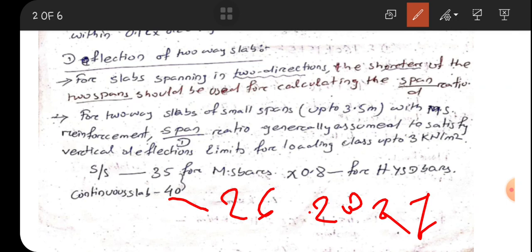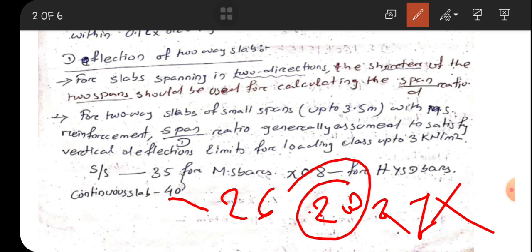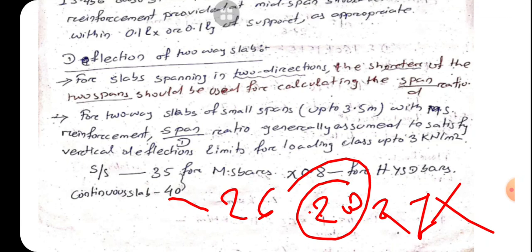But cantilever slab will not be a two-way slab, only a one-way slab; simple supported slab is taken as two-way slab.